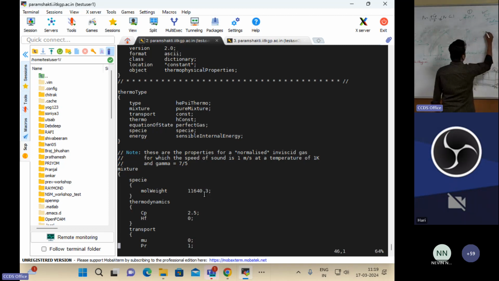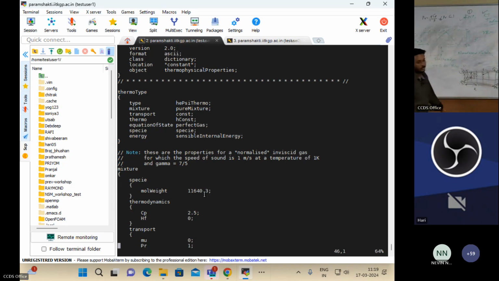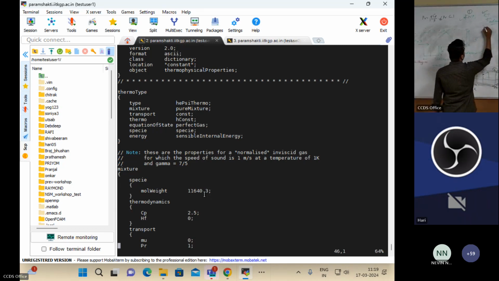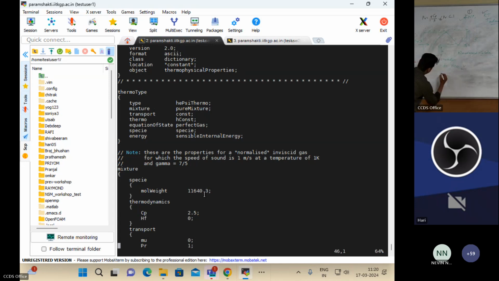So in the simulation, we have taken the product of gamma into R as 1, right? And gamma is 1.4. Gamma into R is 1 over here. But gamma in our simulation has been set as 1.4. So R you can calculate is 1 by 1.4.